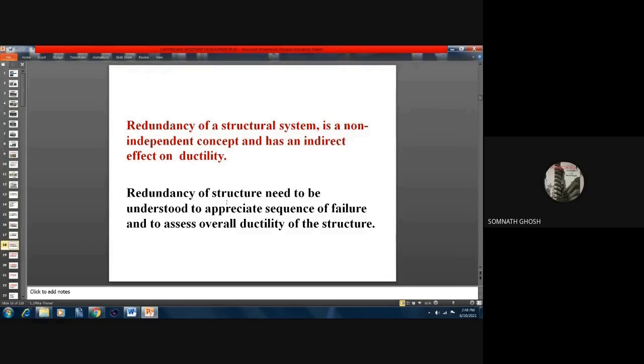Displacement at failure stage is much more. Of course, it depends on how you are defining the failure stage. Is it critical collapse or before that? But anyway, the displacement at failure stage divided by the displacement at the yielding stage, that means just after elastic stage, this ratio is nothing but the ductility ratio.